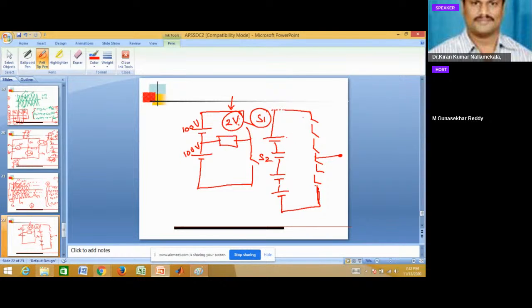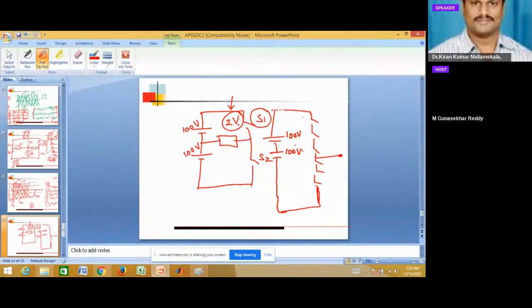If you take the same comparison, in order to compare with the same voltage levels, you cannot take that many voltage sources. Here also you can consider 100 volts and 100 volts.